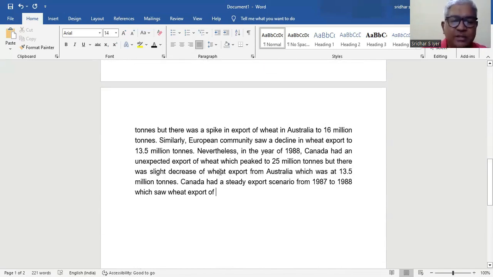Because these are 2 years, 15 million tons respectively. When we are saying 2 years or 2 countries, it should be respectively. Because Canada had a steady export scenario from 1987 to 1988, which saw a wheat export of 15 million tons respectively. In both the years is when we say respectively, or both countries is when we say respectively.